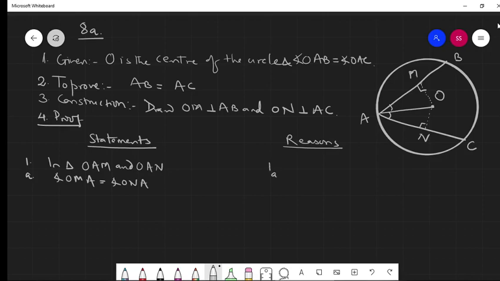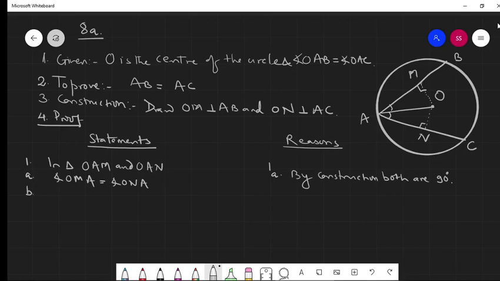The reason is by construction, both are 90 degrees, so they are equal.